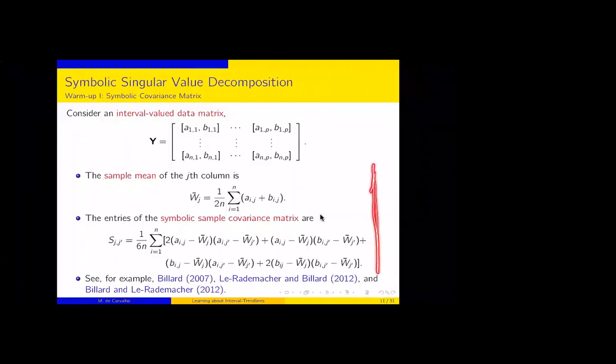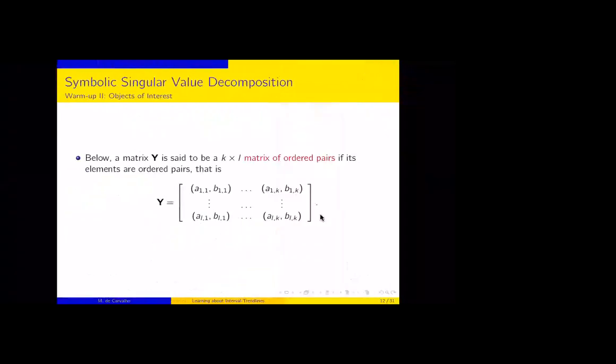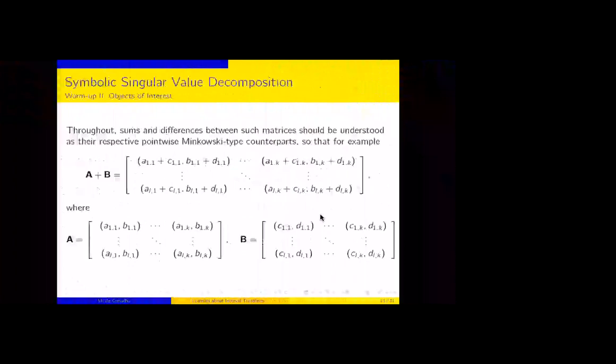Even in terms of the corresponding symbolic objects, if A was equal to B, we would simply be recovering the standard sample mean, and we would be recovering the standard sample covariance matrix. This is something that the proposed methodology will also obey.